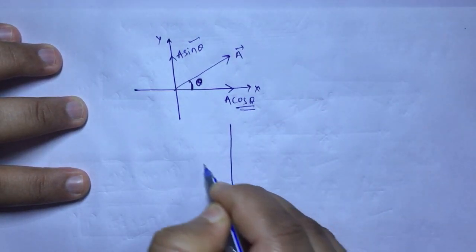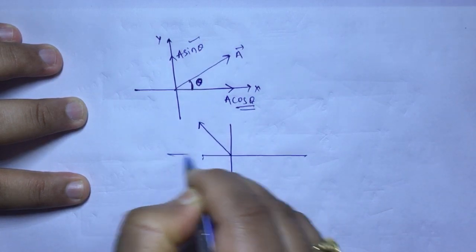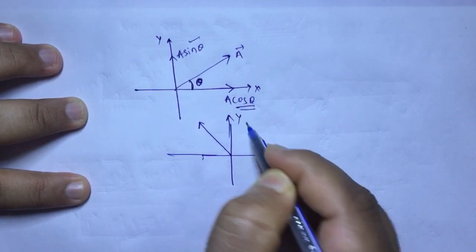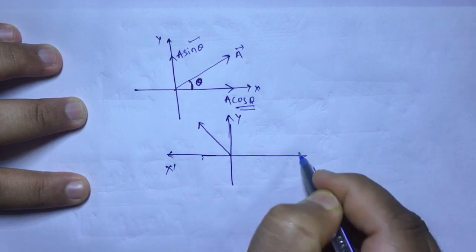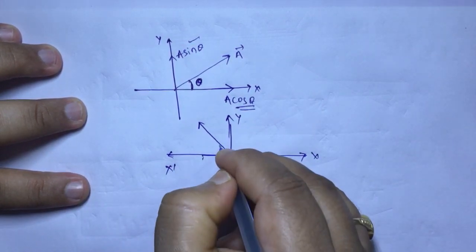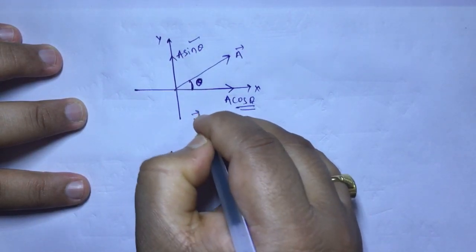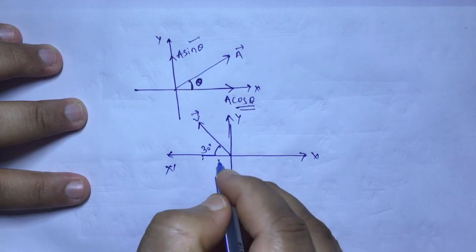Similarly, if a vector is along this direction, this is y axis, this is x dash axis, this is x and this is y dash, and let this angle be 30 degree, and let this be v vector. So how will the components be?